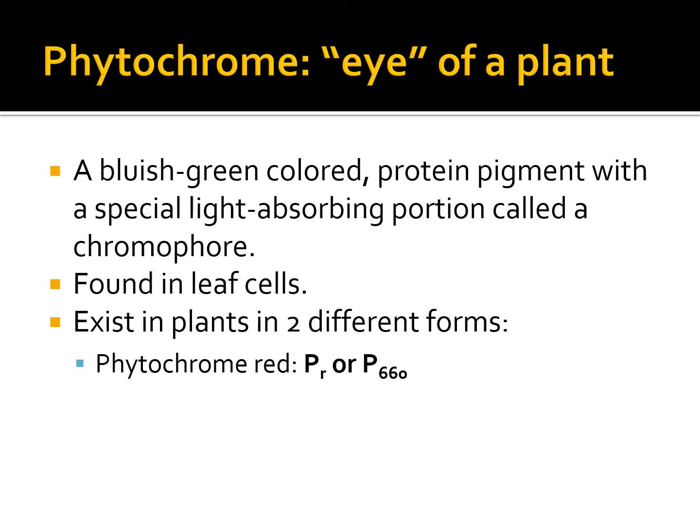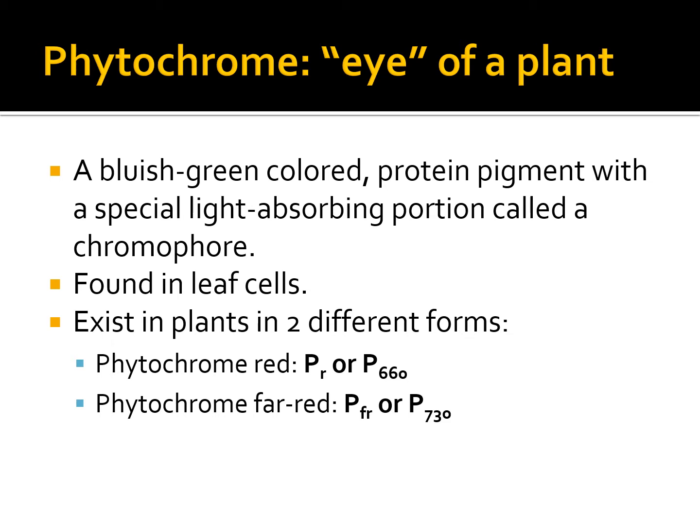There's something called phytochrome red and phytochrome far red. So it's kind of like going to the gas station and you have the choice of filling up with regular unleaded gas or premium unleaded gas. They're both gas, but they're slightly different from one another. So that's kind of the way phytochrome red and far red are. They're both phytochrome, but they're slightly different from one another.